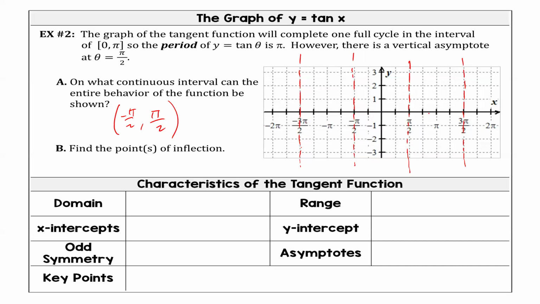If I went from 0 to pi, there would be a discontinuity in the middle of my graph. But usually for the parent function, we're focused at negative pi over 2 and pi over 2. Okay. All right. We're going to graph what we do know.